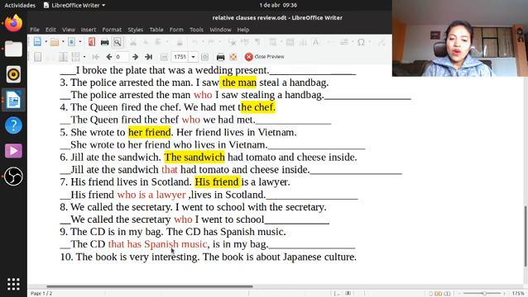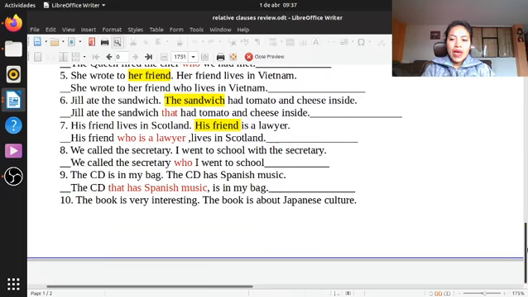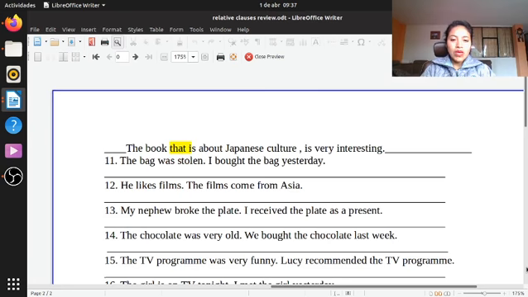We have to use the comma in order to separate these two ideas, okay? And the last one, number 10. In number 10 we have the book is about Japanese culture. It's very interesting. The book that, because we repeat the book, we have to use that, right? The book that is about Japanese culture is very interesting, right?